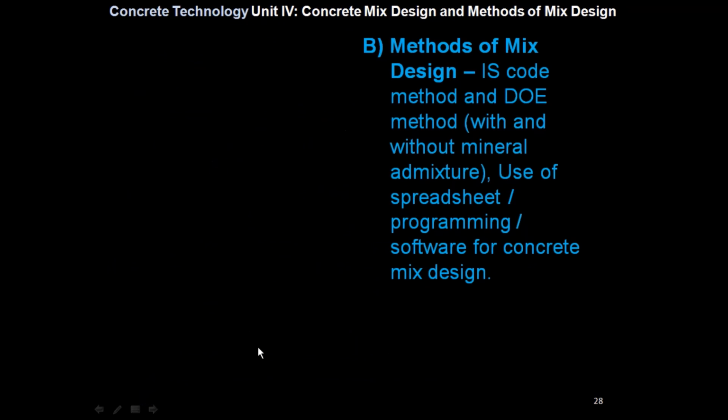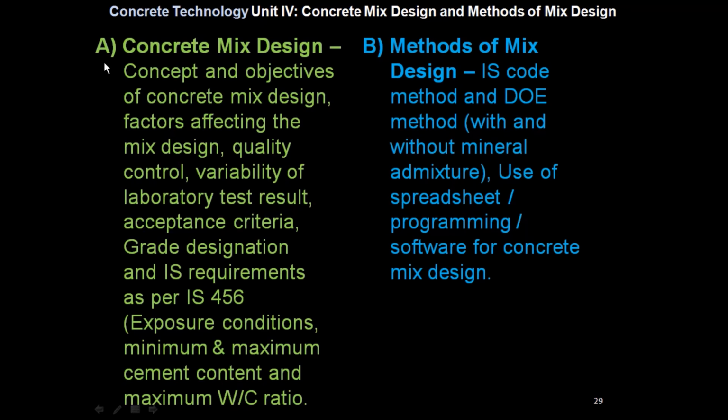So we have seen the part B, methods of mix design, IS code method and DOE method with and without mineral admixture, use of spreadsheet programming software for concrete mix design. So we have seen the part A of unit number 4, concrete mix design and methods of mix design.